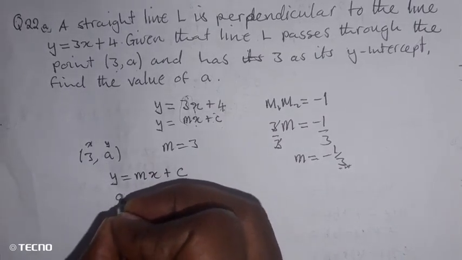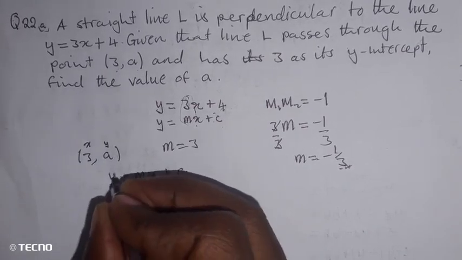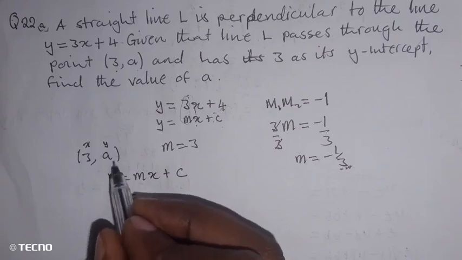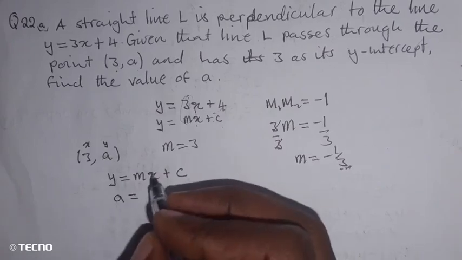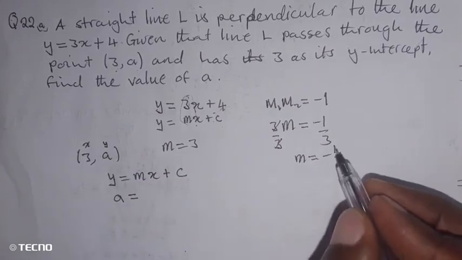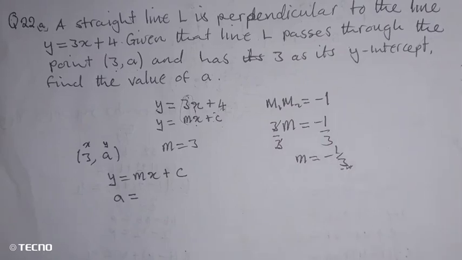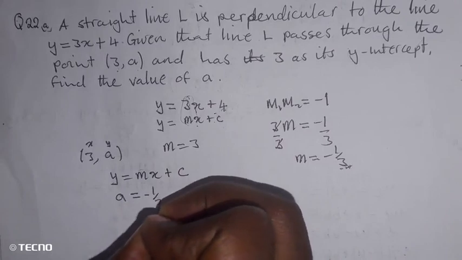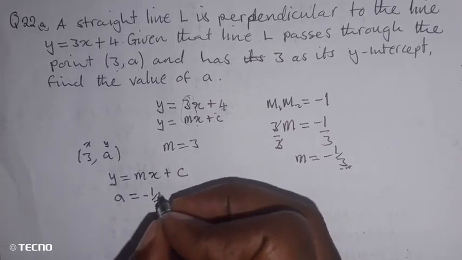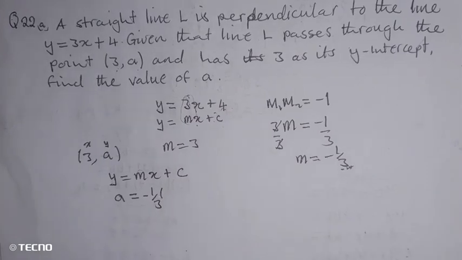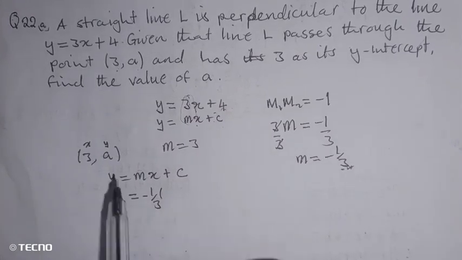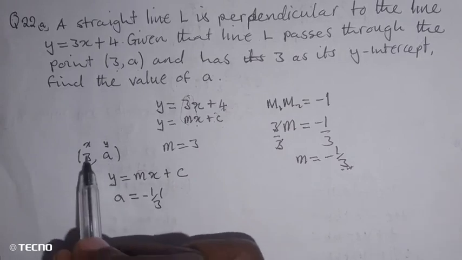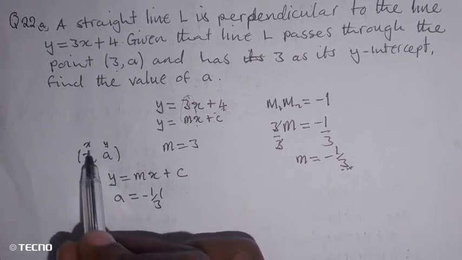So a is equal to -1 over 3, then open bracket. Where there is x, you replace what you have been given. The value of x here is what?